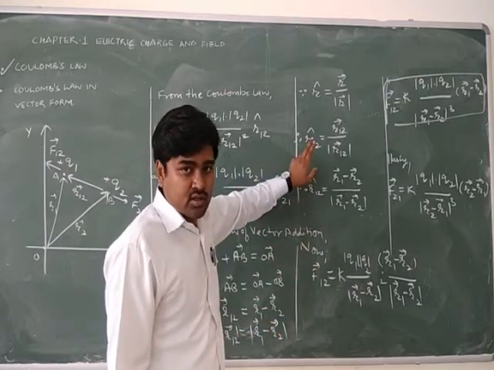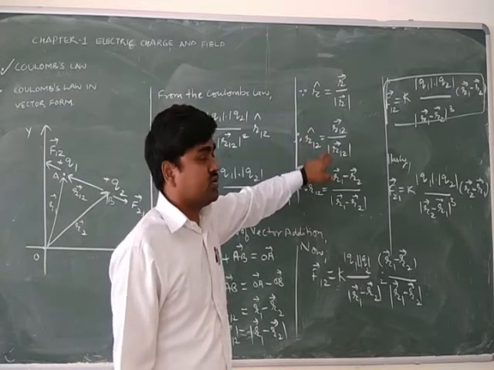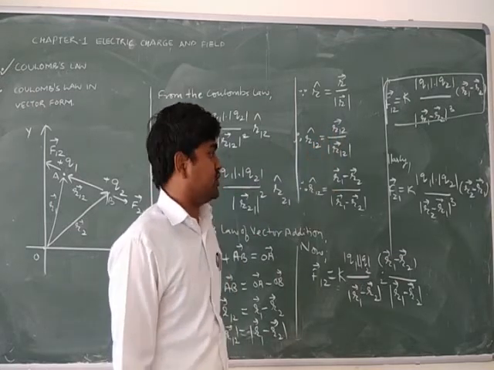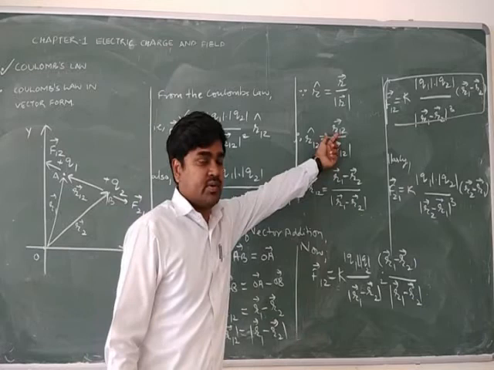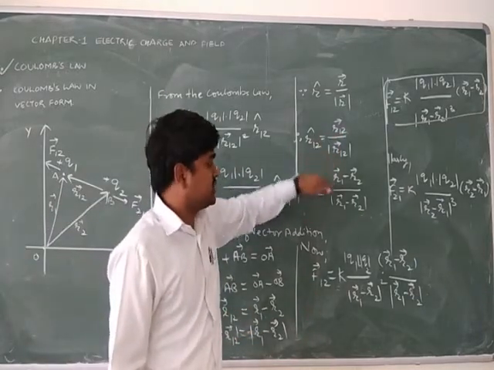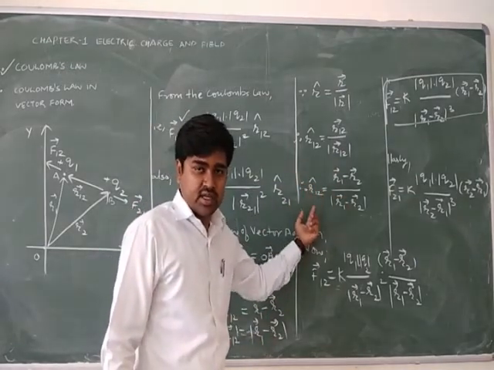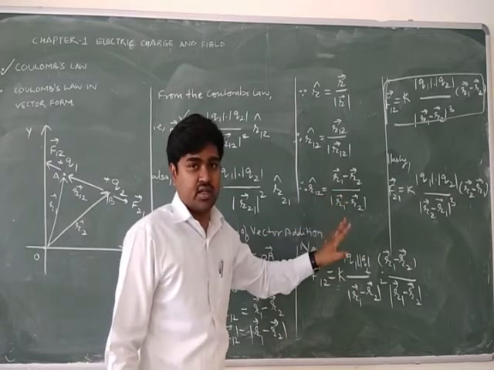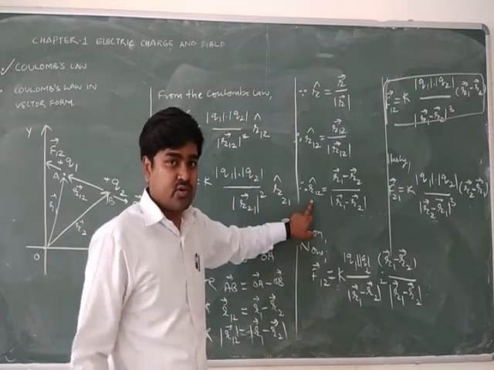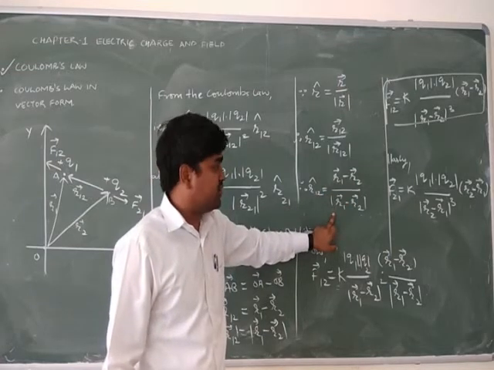So the direction of force F12, that is R12 cap, is equal to displacement vector R12 divided by its magnitude. As the value of this displacement vector is R1 vector minus R2, and we will use this value here, we will get the value of this direction in terms of the position vector that was initially given to us. So the unit vector for the force F12 is equal to R1 minus R2 vector divided by the magnitude of R1 minus R2 vector.